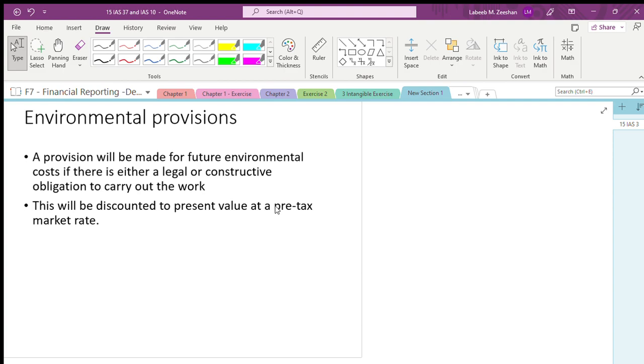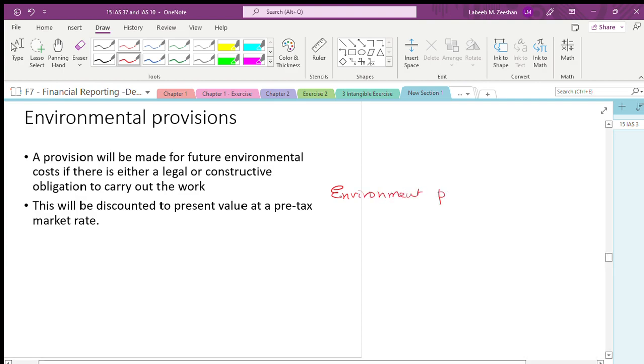In all the cases, people will create an environmental provision. Understand the point? This is the first time you are going to learn this. There will be a provision with respect to the environment.